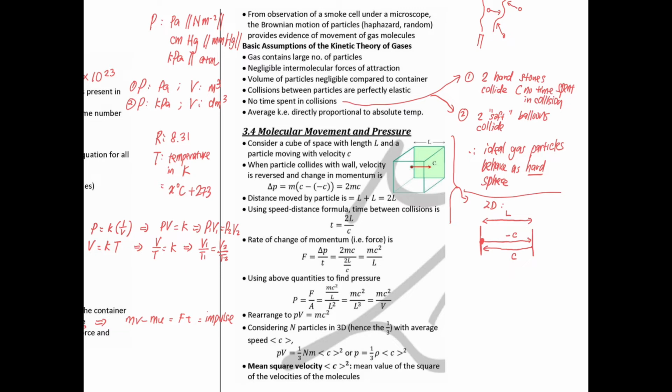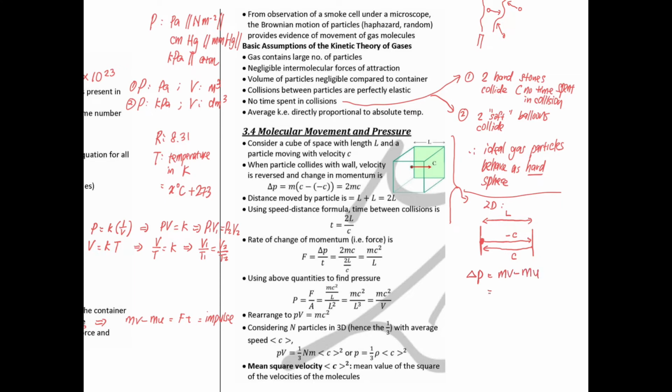Okay, so now you can see the notes. Second point, when particle collides with wall, velocity is reversed. You can see minus c becomes positive c. Velocity reverses. And change in momentum is mv minus mu.